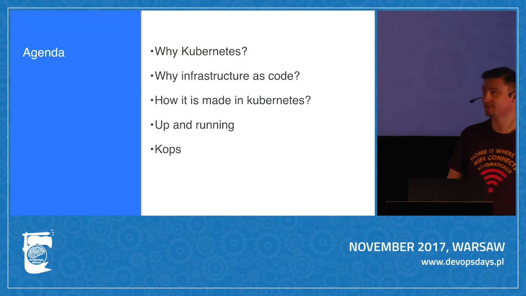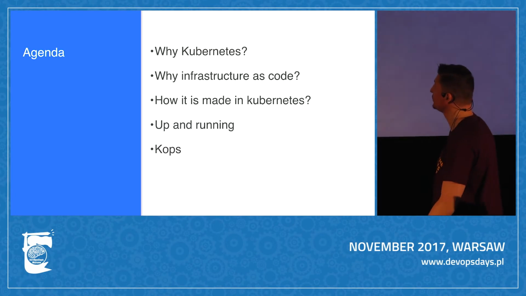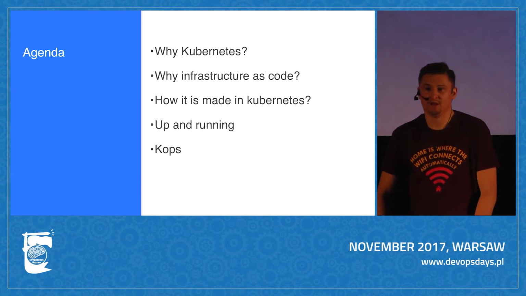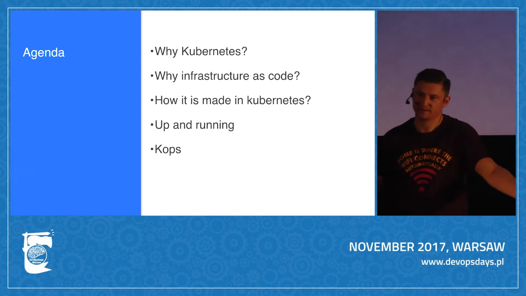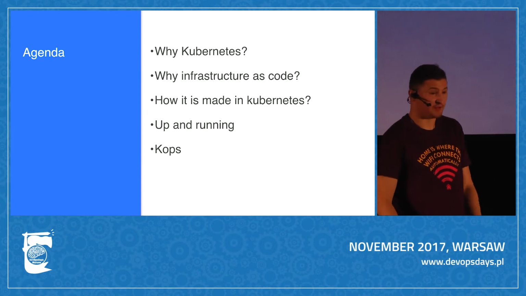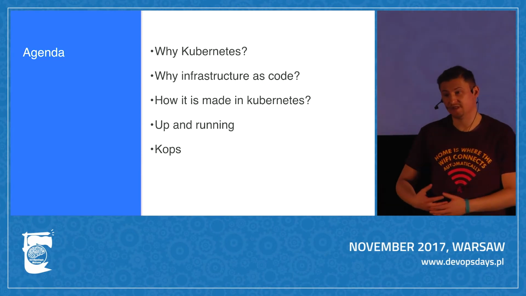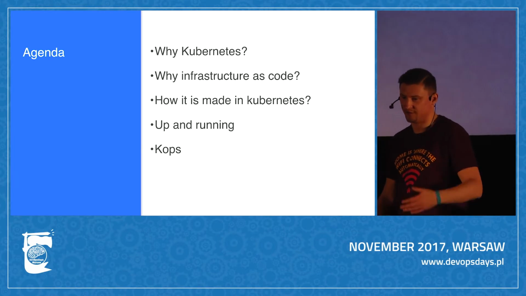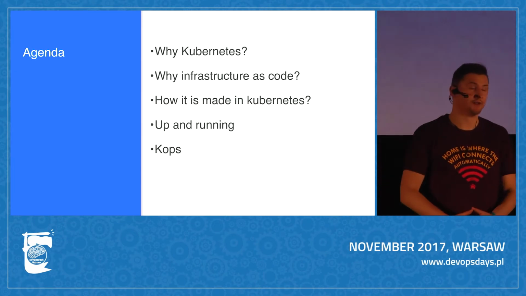Okay, the agenda. I'm going to speak about why we even talk today about Kubernetes and what's the difference between Kubernetes and OpenStack, which was famous some time ago. Then there will be a really short intro to infrastructure as code, because we are at a DevOps conference and everybody should be familiar with that.